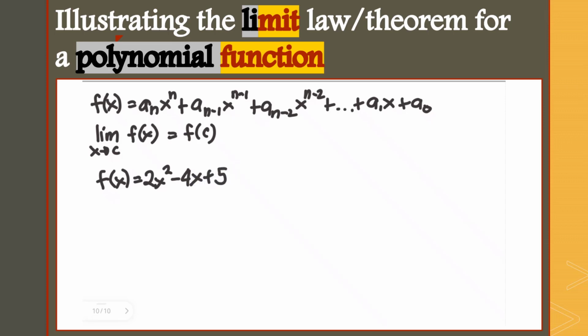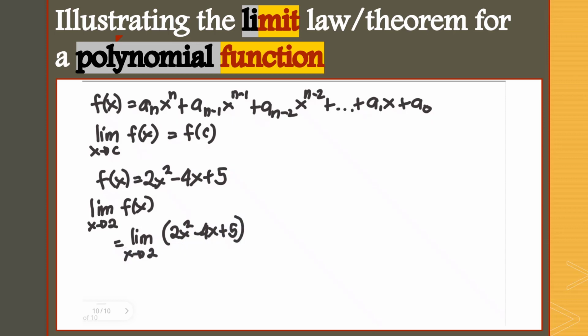If you have here the limit of our f of x as x approaches, let's say 2, this is just equal to the limit of the entire function 2x squared minus 4x plus 5 as x approaches 2. This theorem tells us that we can simply substitute this value here and here, and whatever the result, that's the limit of this polynomial function.